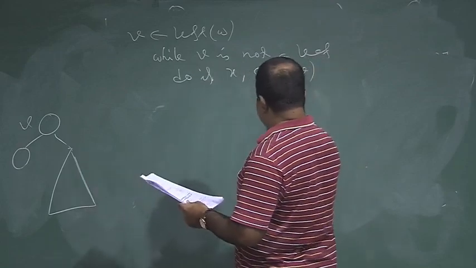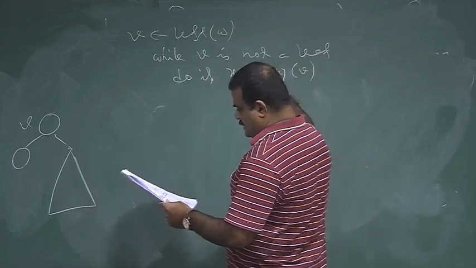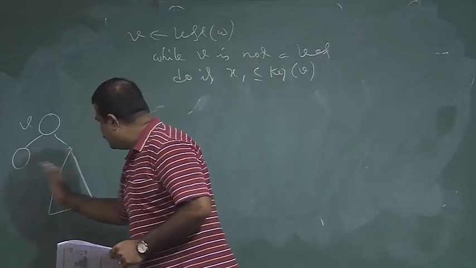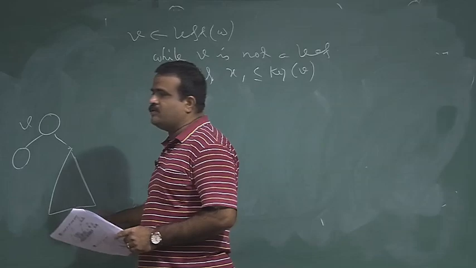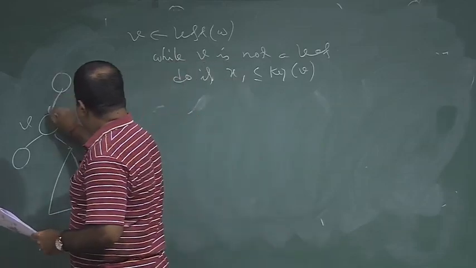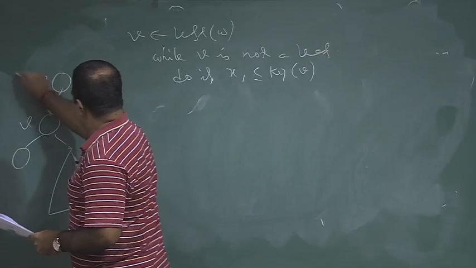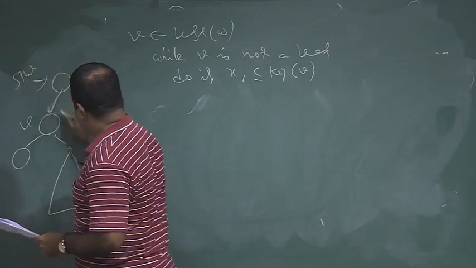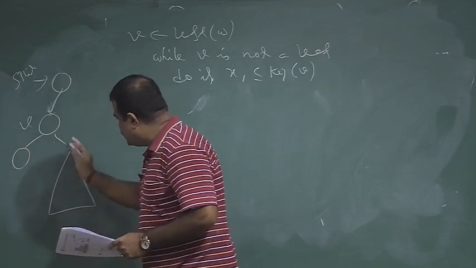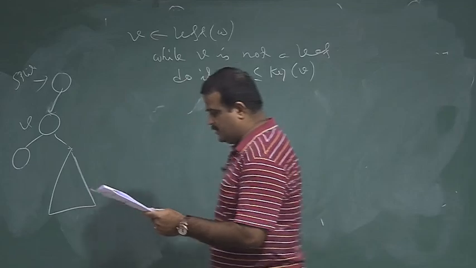If x1 is less than this, that means we have to go further left, and everything is relevant in the right part. V is this one, the split node. So if we have to go to the left part, then the whole right part is relevant.